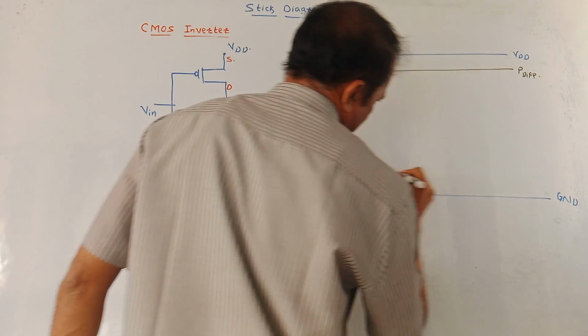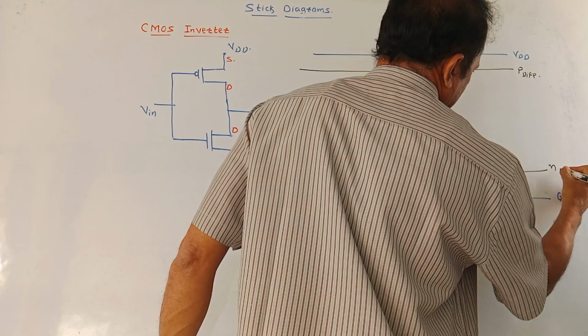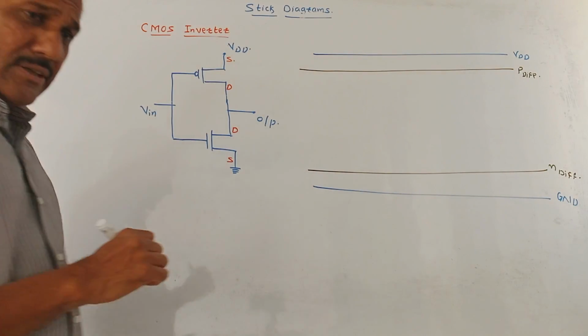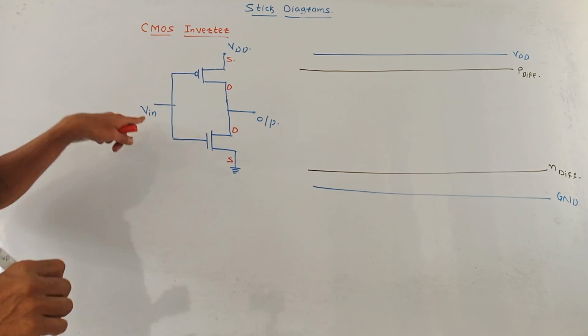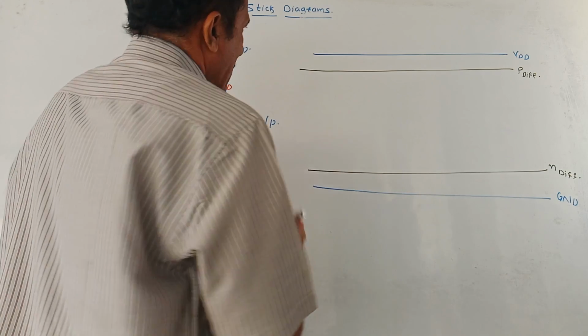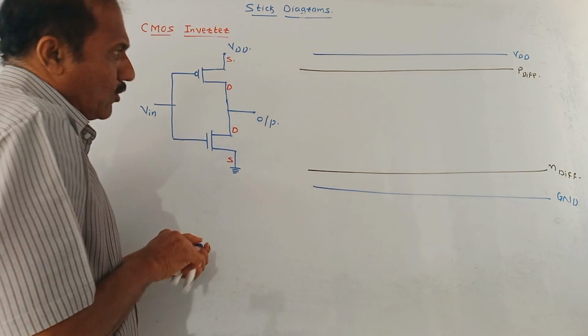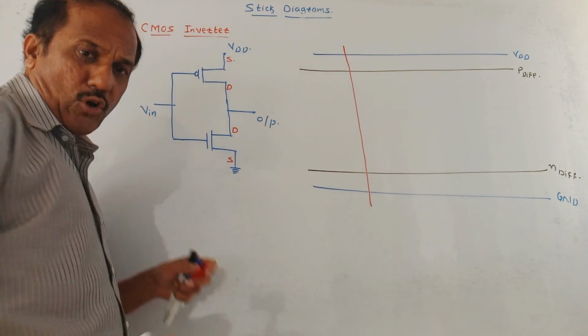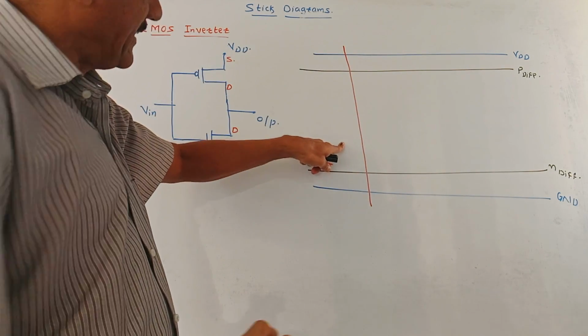For the N MOSFET, draw one horizontal line and name it the N diffusion layer. As we mentioned, there is only one input, so draw one polysilicon layer, drawn vertically.